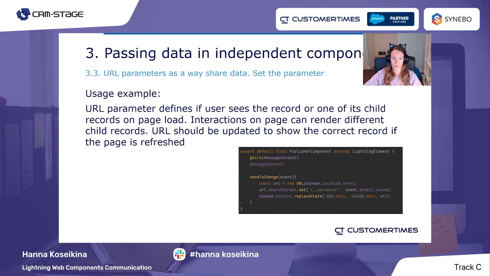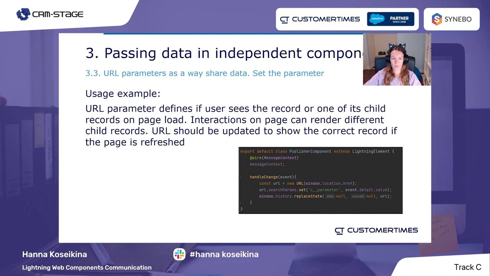In this case, we can use the URL to define what exactly child record should be shown, so that we have in the URL the ID of the parent product t-shirt, but also some parameter called child name or child ID, which will have the ID of the blue t-shirt. And if the page is refreshed for some reason, the user will still see the child which he selected to see.